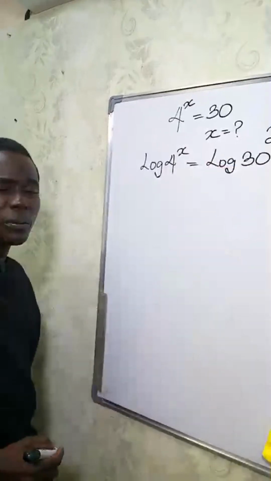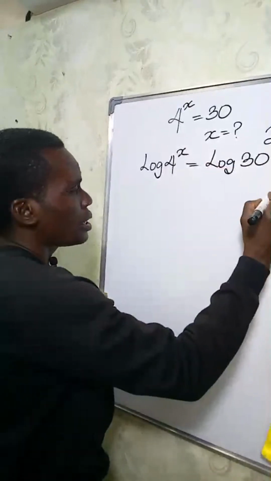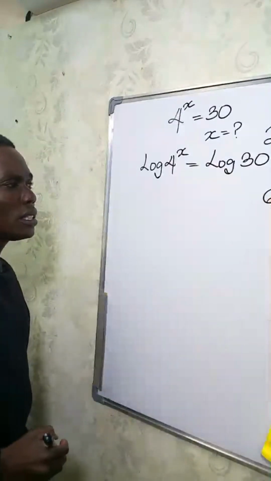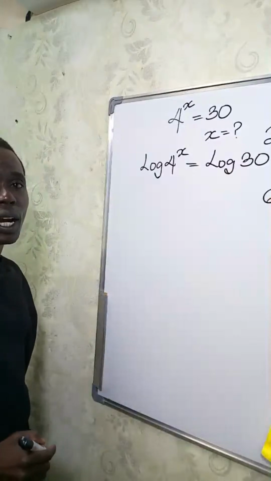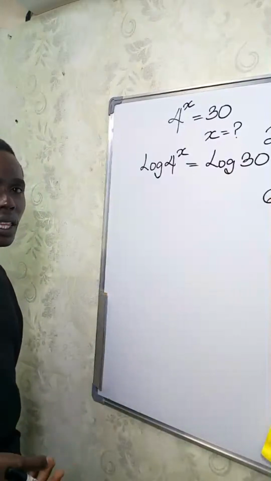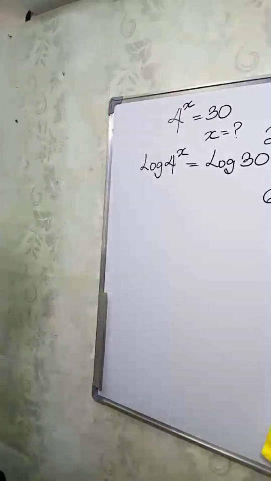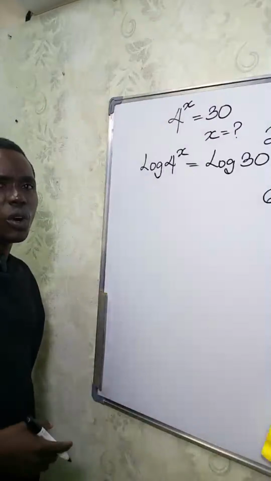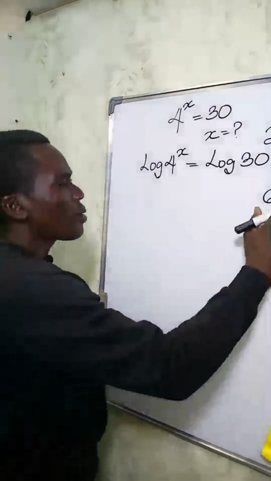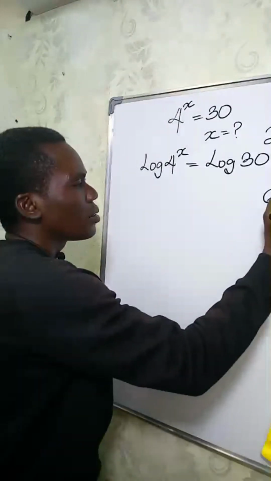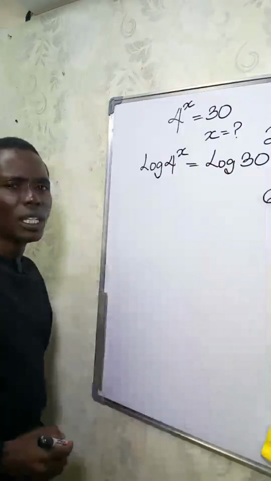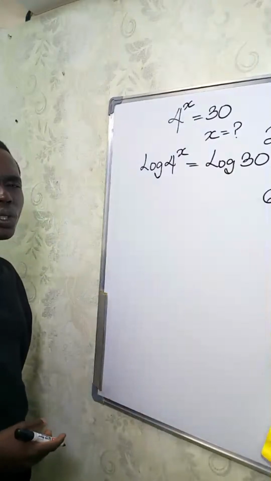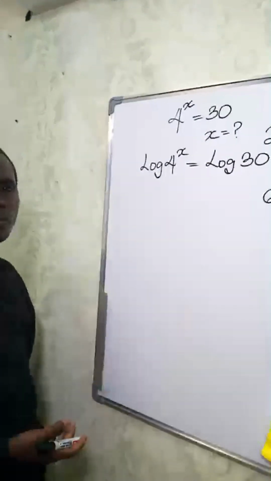Now, from that expression, you come to see that I can separate 30 into 6 times 5. 6 times 5 can give me 30, right? So I can easily break down that expression to give me 6 times 5.